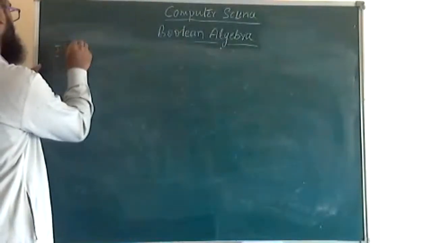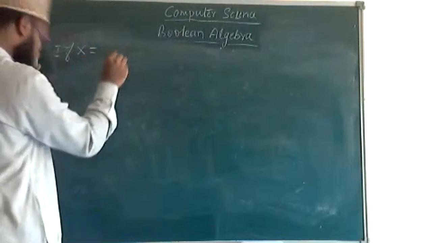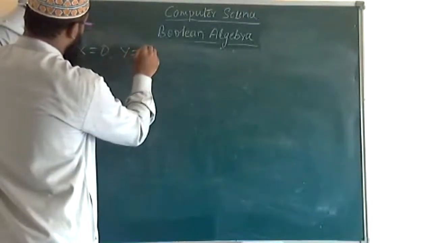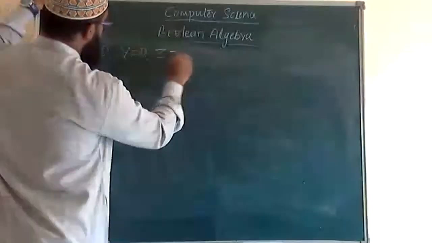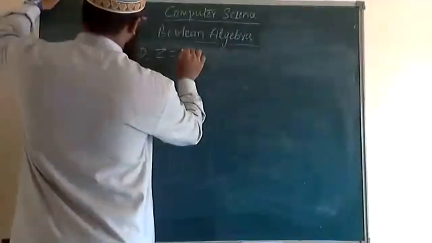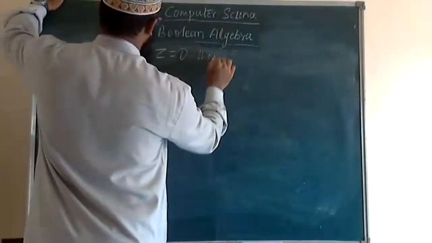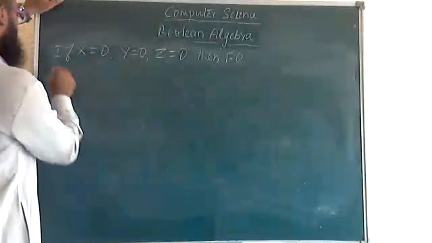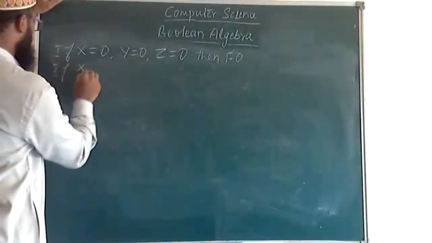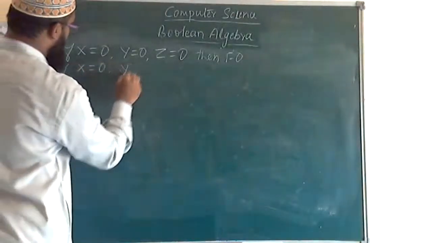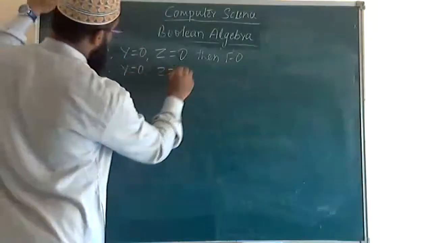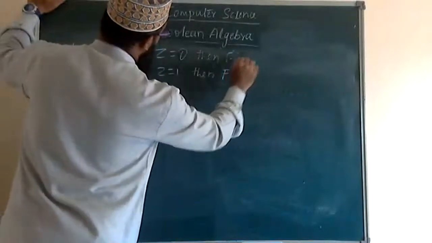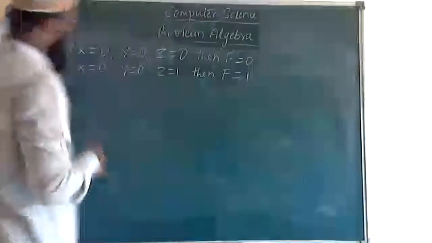If x is equal to 0, y is equal to 0, z is equal to 0, then f is equal to 0. If x is equal to 0, y is equal to 0, z is equal to 1, then f is equal to 1.